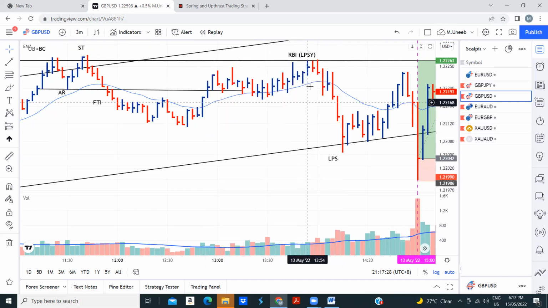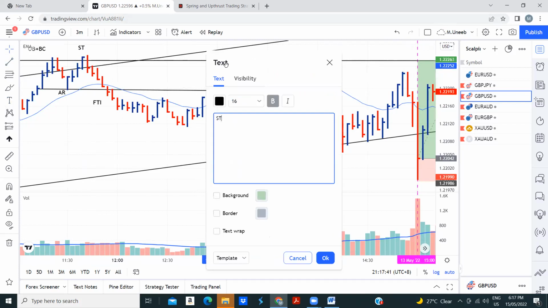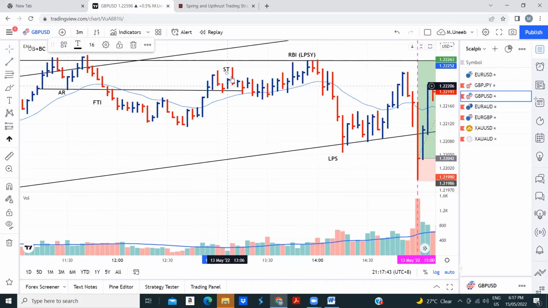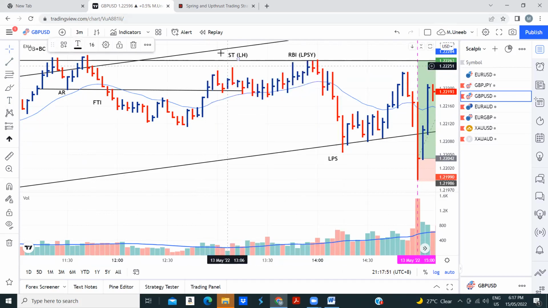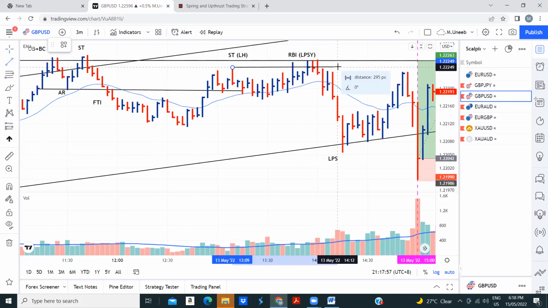And then what do we see here? As soon as we reach this secondary test. On the secondary test, if we draw a little line over, this is also secondary test. We can have multiple secondary tests. And now we have a secondary test at lower high. And as I told you, once we have lower high, we can draw a small channel here.